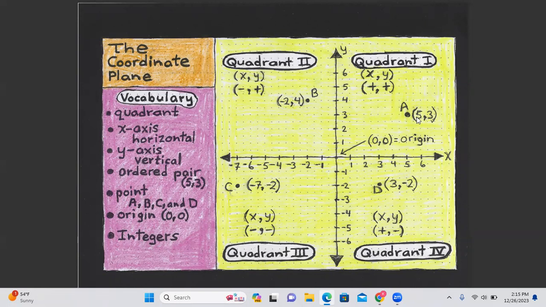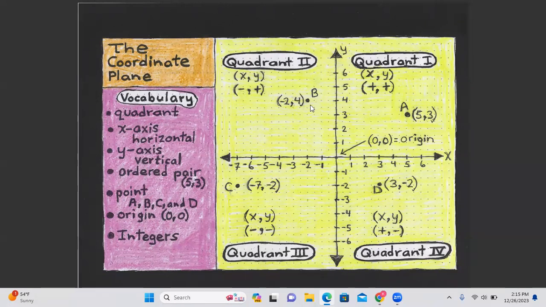Likewise, let's see what this situation looks like in quadrant 2. We have our x and y, and in this case, x is negative, but y is still positive because y is still above 0, or the origin (0, 0).